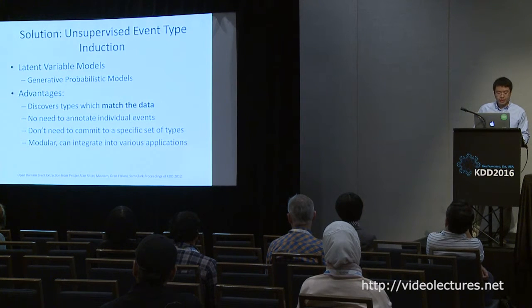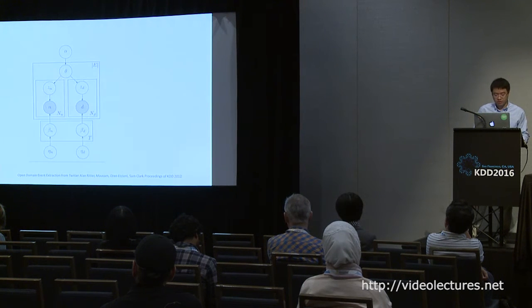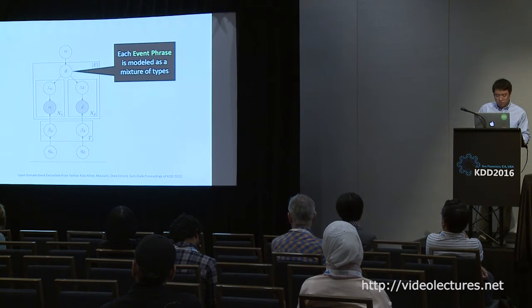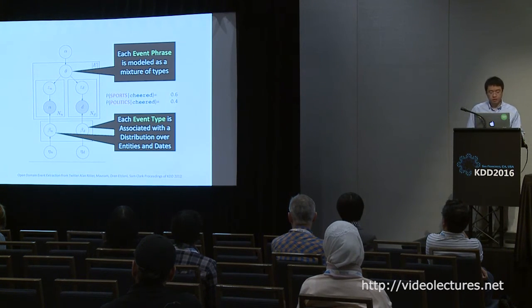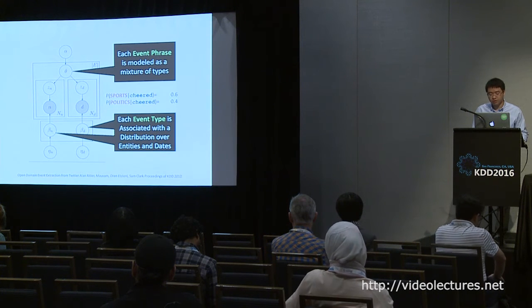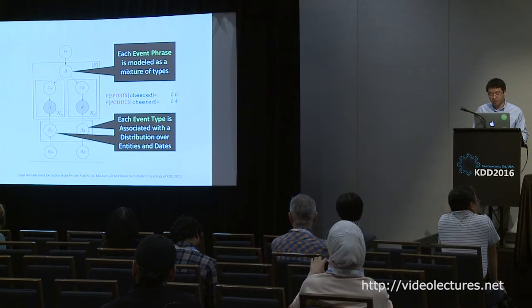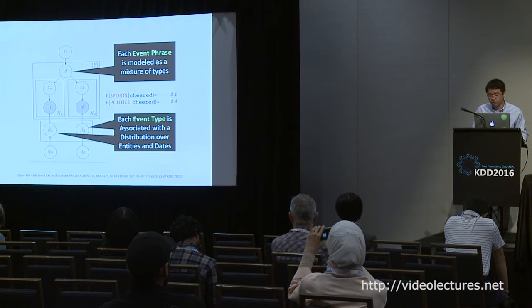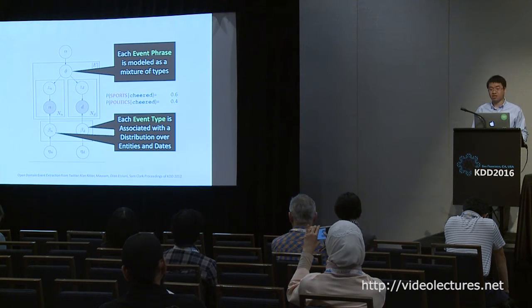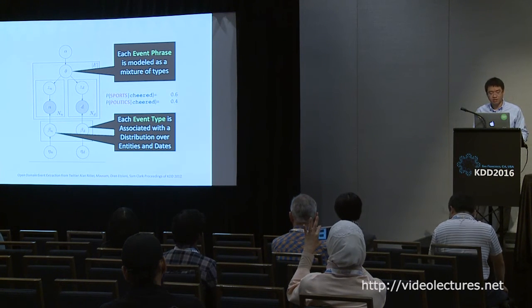So to handle this challenge, they propose latent variable models such as this. The theta here represents the event phrase that's modeled by a mixture of types. And each event type is associated with a distribution over the extracted named entities and the dates.